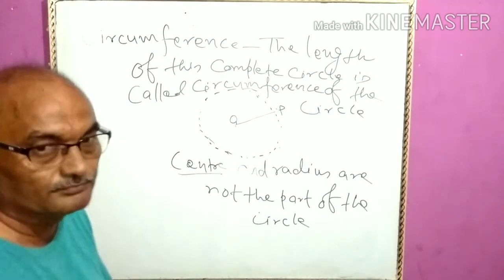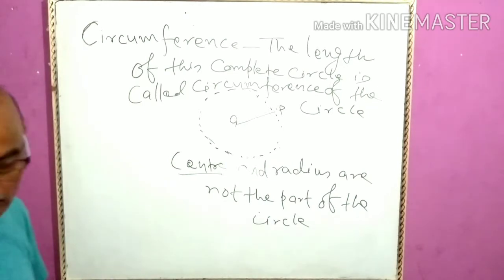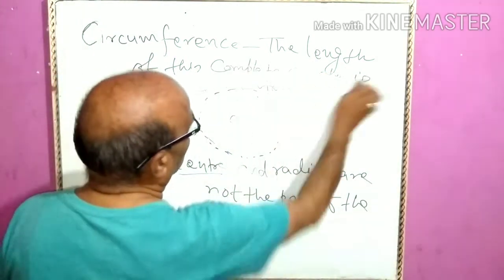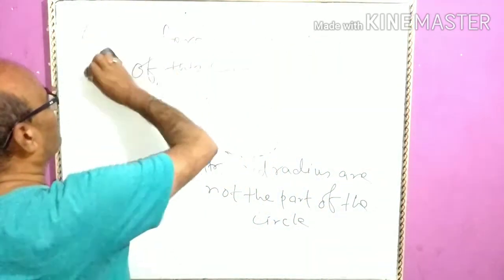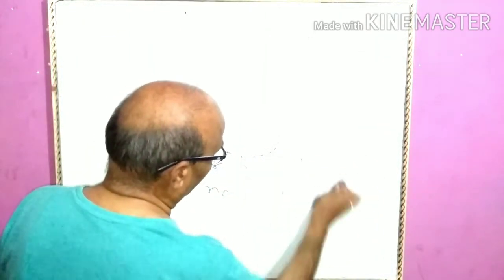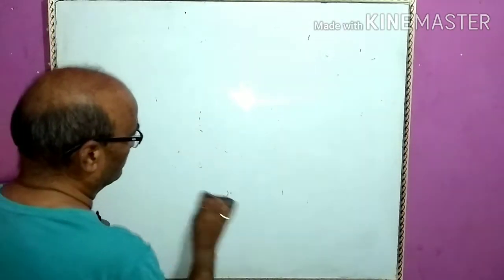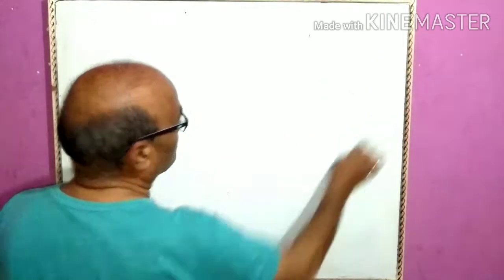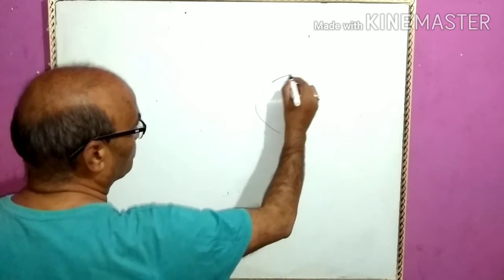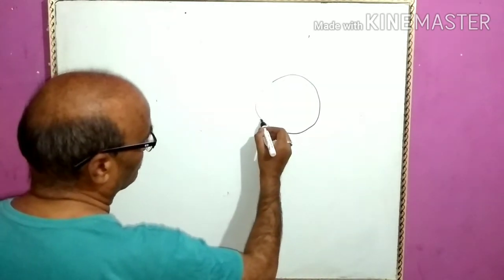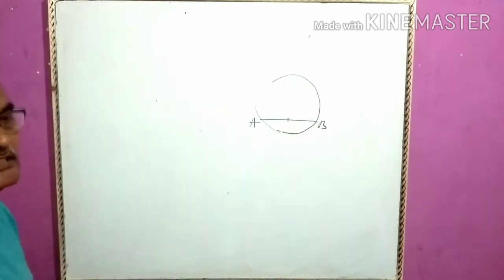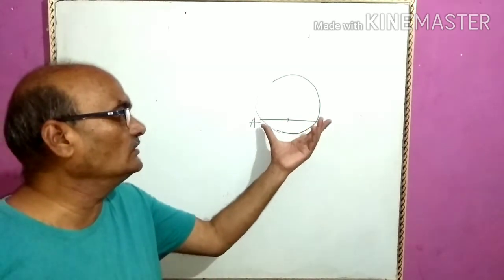Now next, chord. What is a chord? Now come to the term chord, which is very, very important. A chord is a line segment joining any two points of the circle.